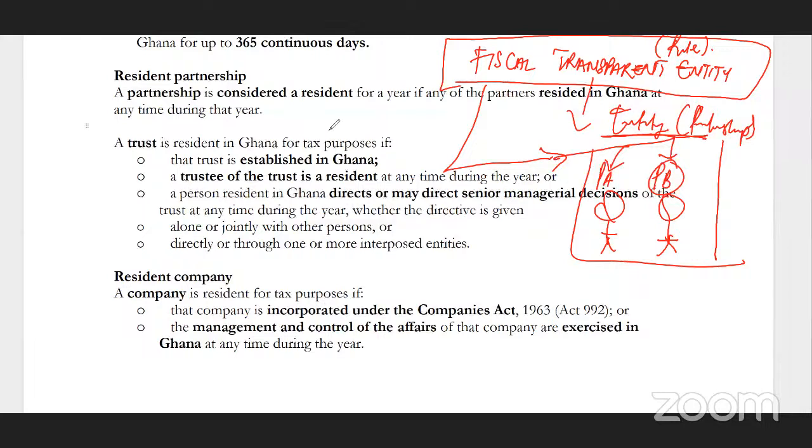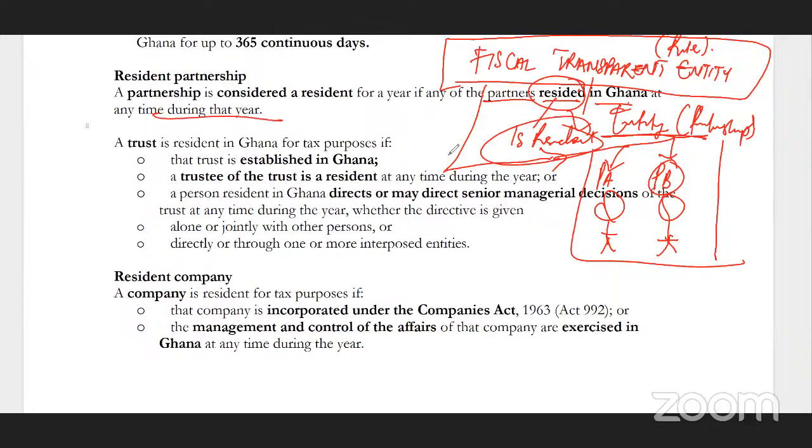A partnership is considered a resident for the year if any of the partners is resident in Ghana at any time during that year. That's the word, is resident. It's not pure English there, resided like stayed. It is telling you resident, that is tax.